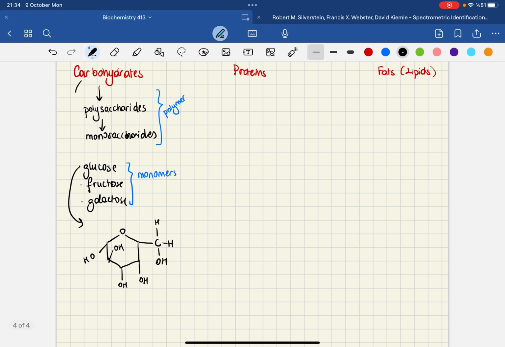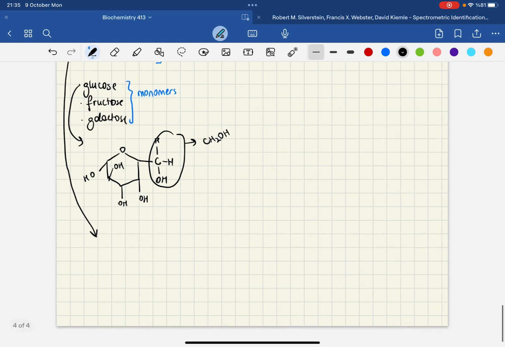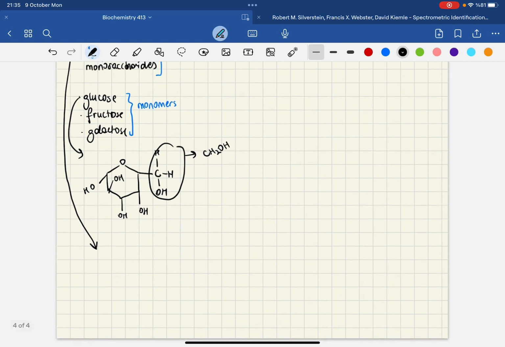So let me show you the structure of carbohydrate, which is just the combined version of this one, with the exact same molecule. Let me write the exact same molecule over here, but instead of this group, I will just write CH2OH, so that it will be easier and faster for us to go on.